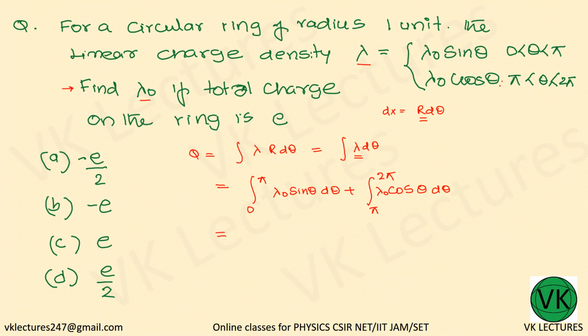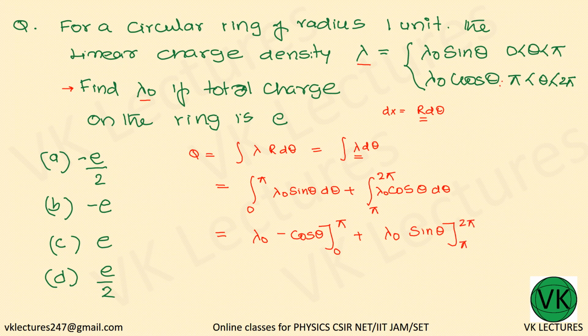Now this comes to be lambda naught times the integral of sine theta, which is minus cos theta, with values ranging from 0 to pi, plus lambda naught sine theta with values ranging from pi to 2 pi.